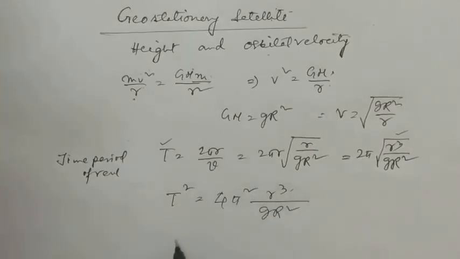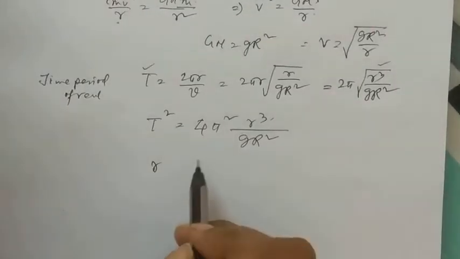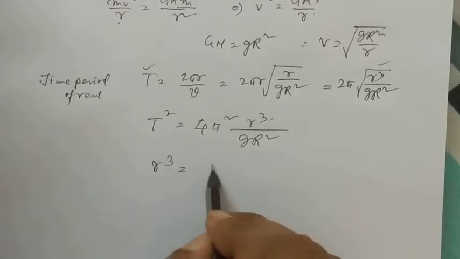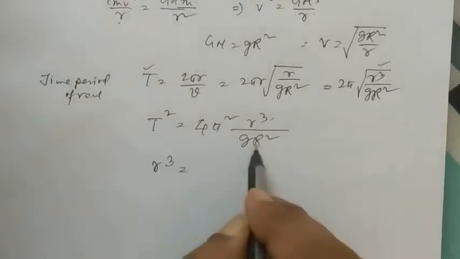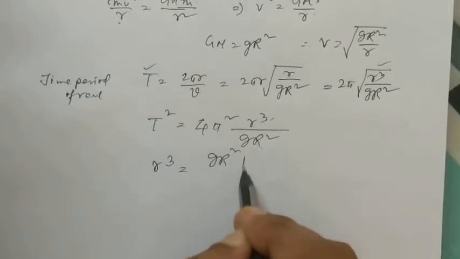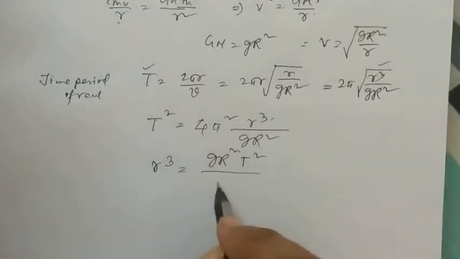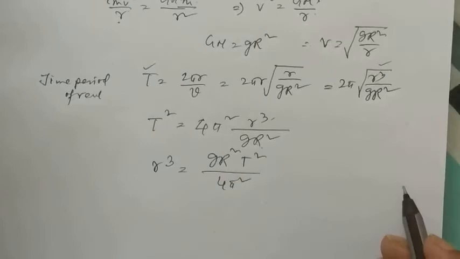And from this we are trying to find the value of r, that is the distance of the satellite from the center of the earth. That is r cube is equal to gR square T square by 4 pi square, the denominator as denominator.